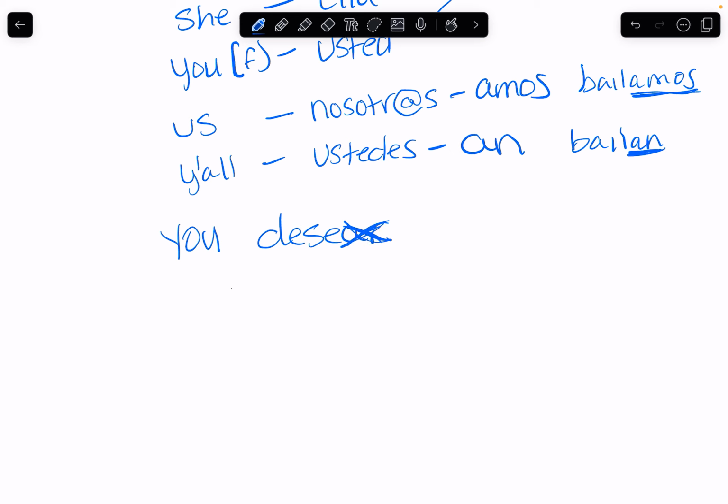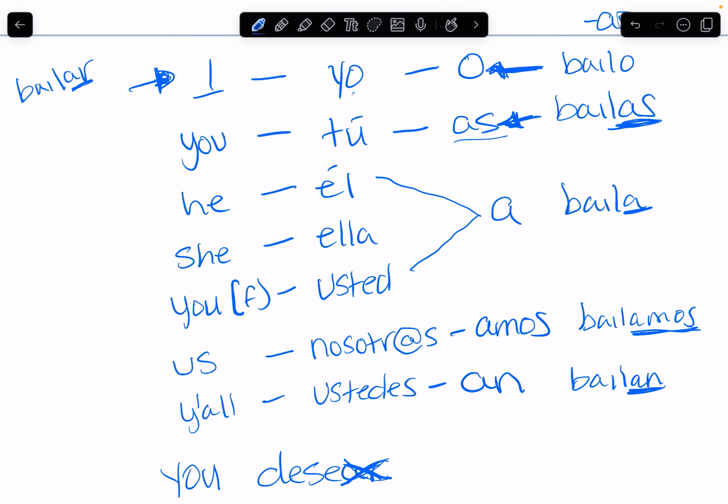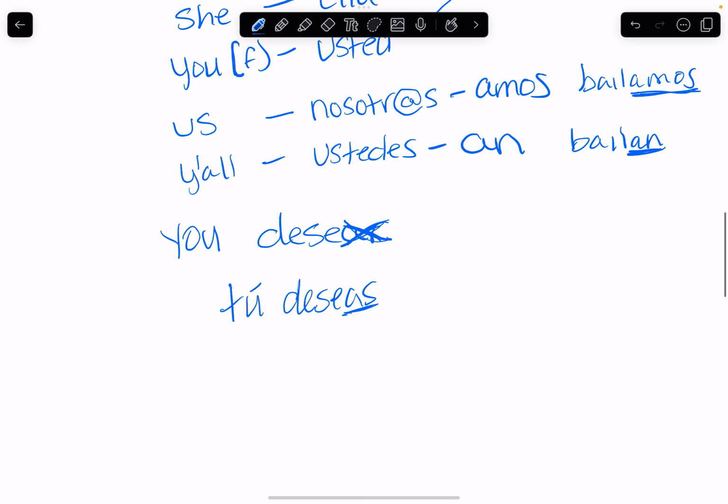And I would say tú deseas. As is my ending, according to this. As is the ending for you. Okay? So this goes on for all of the AR verbs that are listed. There are going to be exceptions to every rule, which we will get to in a later chapter. But right now I want you to learn the basic verbs.